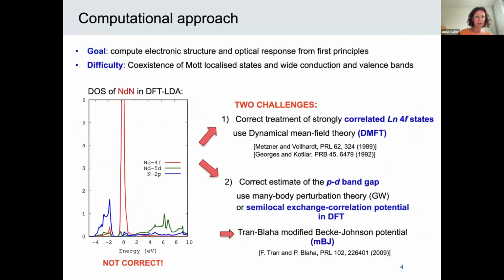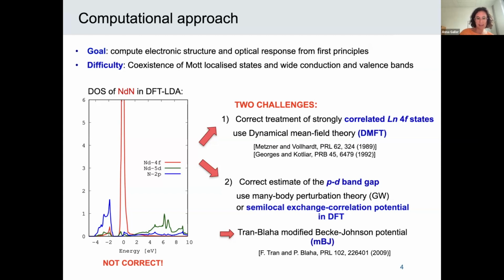So actually, in these materials, you have two challenges. The first one is related to the strong electronic correlation effects in the rare earth 4f shell. So what you have in the figure on this slide here is the density of states of neodymium nitride as you would obtain from a straightforward density functional theory calculation in the local density approximation.